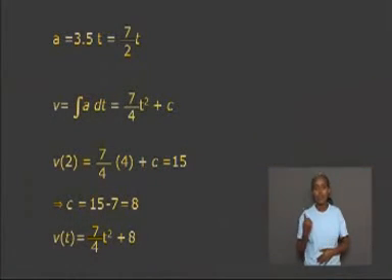When we integrate our variables, we are left with the solution of v equaling 7 over 4 t squared plus 8. Does that resemble your answer? If it does, great job.